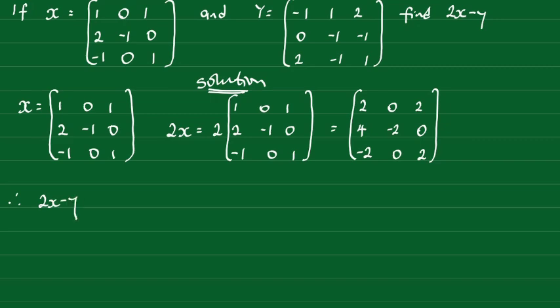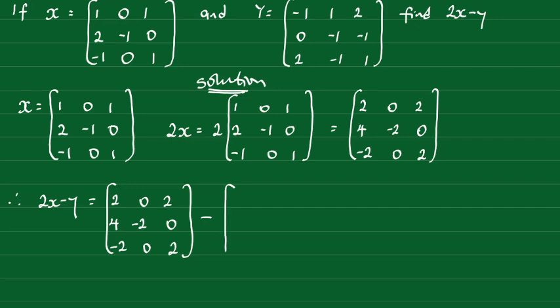2x minus y is equal to, we copy our value for 2x, the matrix [2, 0, 2, 4, -2, 0, -2, 0, 2], now minus our value for y.